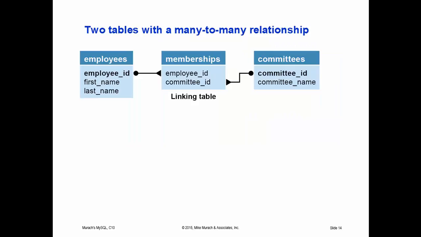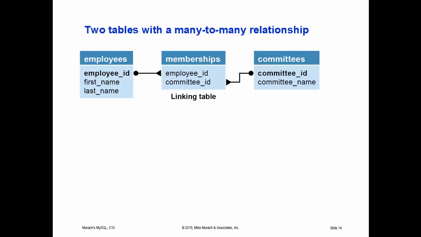Now, this is something we haven't talked too much about before, but we will right now. And that is this. If we've got two tables that we want to link together. So when you look at the example right here, let's forget about this memberships table that you see in the middle. Let's pretend that right now you had two tables. One that was called employees, that had an employee ID, a first name and a last name.